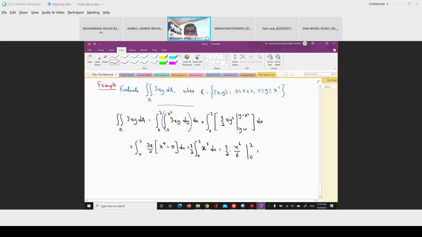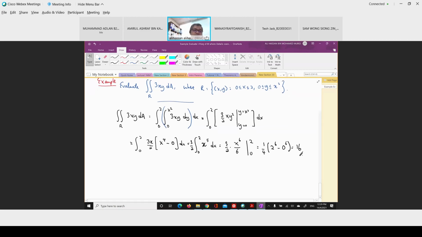So 3/2 times 1/6 is the same as 1/4. And we have 2 to the power of 6 minus 0, which is 2 to the power of 4, which is 16, right? So that's the answer.